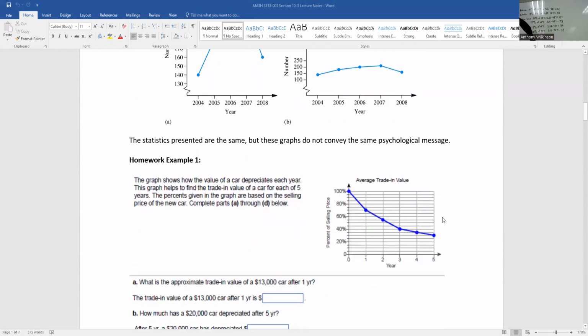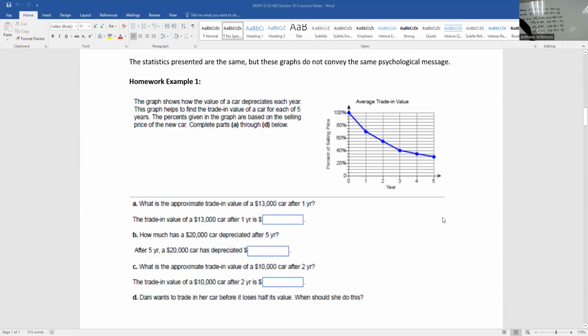So let's look at an example of a line graph and how we can answer questions from that line graph. Here we got a graph showing how the value of a car depreciates each year. This graph helps to find the trade-in value of a car for each of the 5 years.